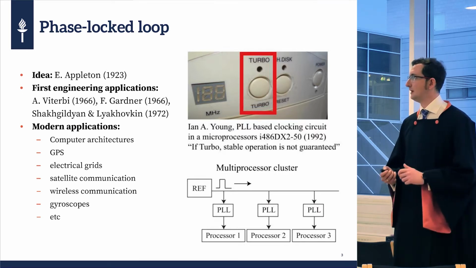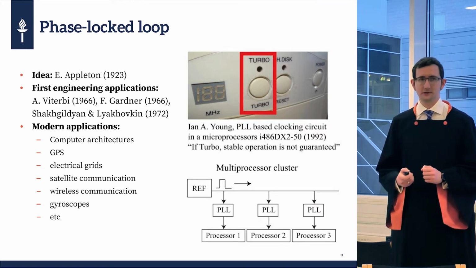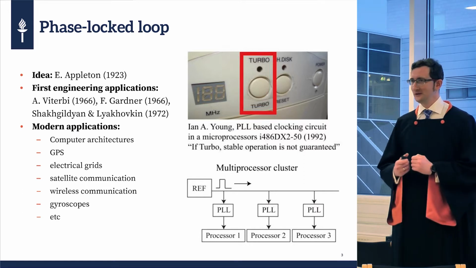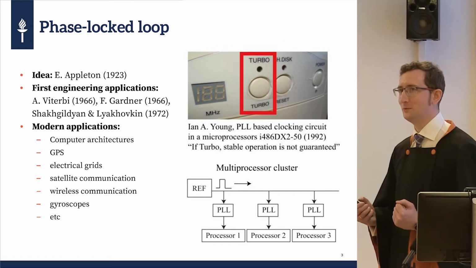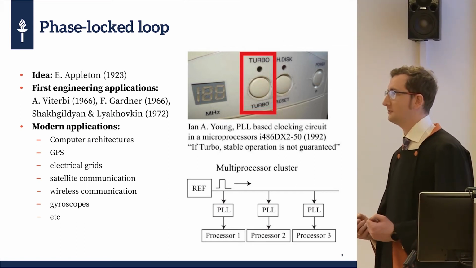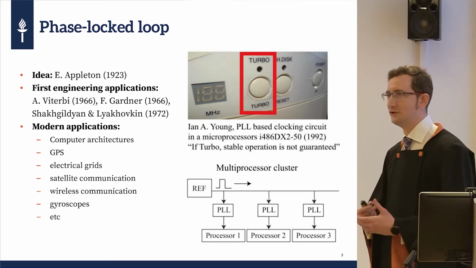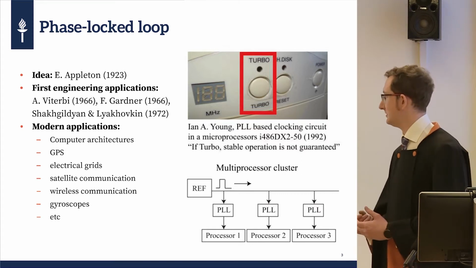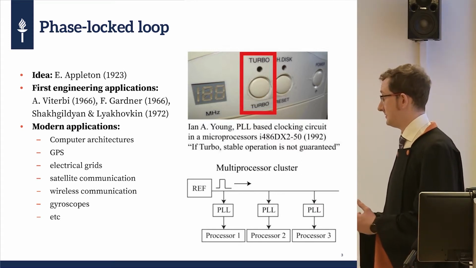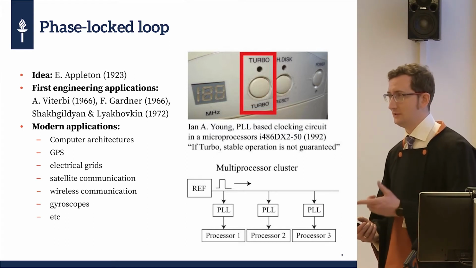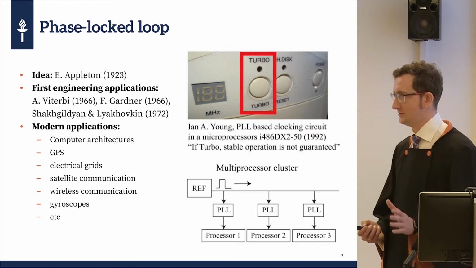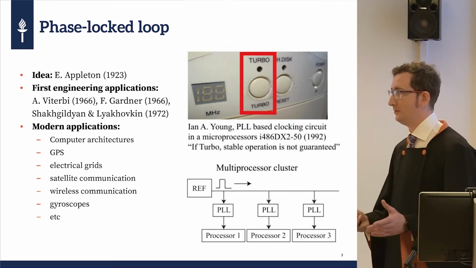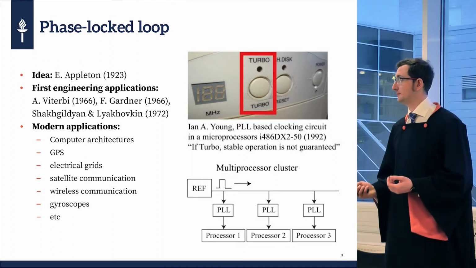For example, 20 or 25 years ago, every one of you could have a computer with a turbo button, and this turbo mode was not guaranteed to be stable. There was a special line in the instructions for this button. So you cannot just press it and expect everything to be okay. Sometimes it can be unstable, and that's because of the PLL operating not in a good mode.